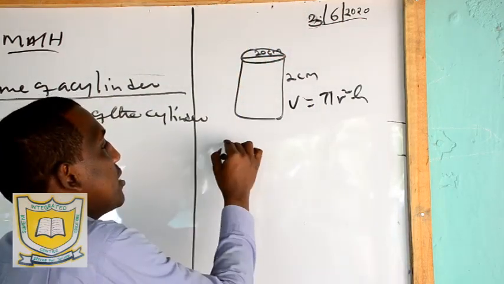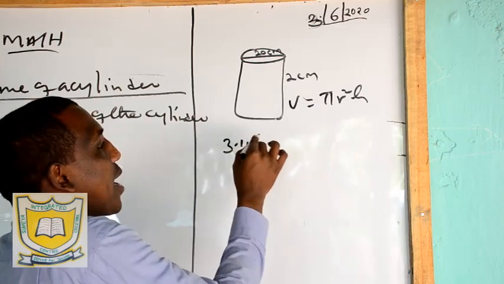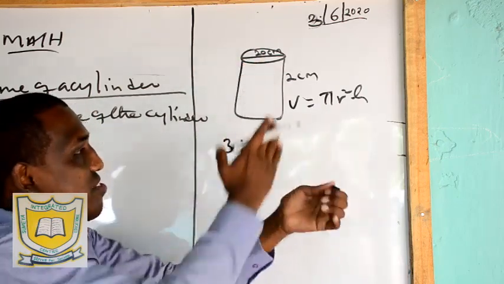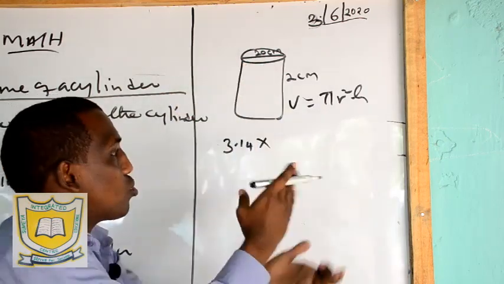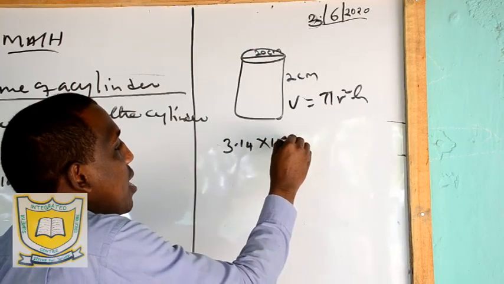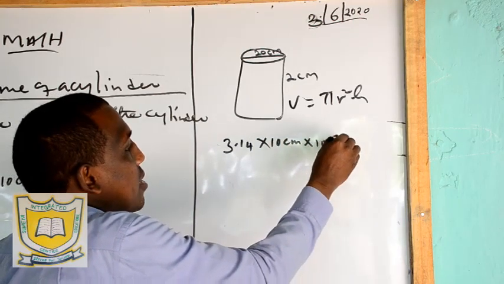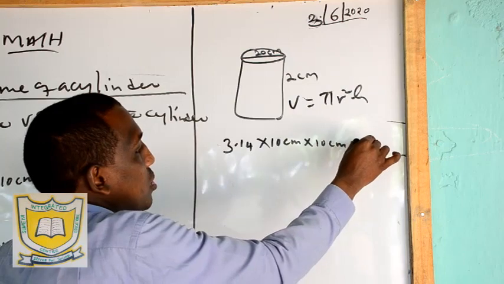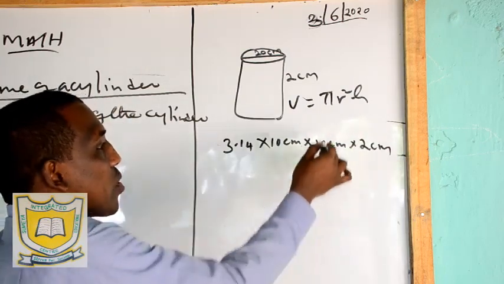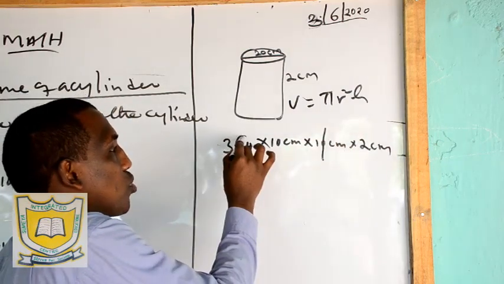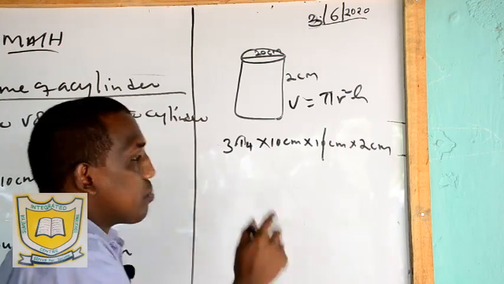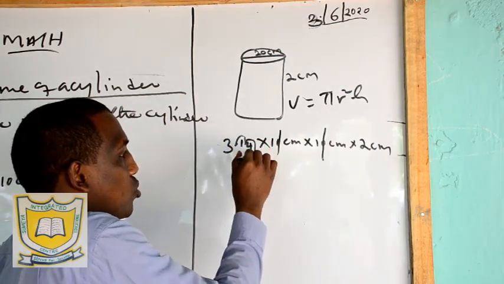So we say 3.14 times the radius, which will be 10. We divide the diameter by 2, times 10 centimeters times 10 centimeters times the height, which is 2 centimeters. We cancel the zeros, the decimal point will move by one step each time.